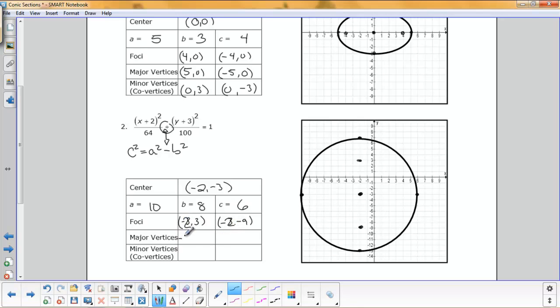And that is going to be negative 2, 7, and negative 2, negative 13. You will see the consistency here. These are both the same value as the x value of the center, and likewise you will see that with the minor co-vertices as well. So that's going to be negative 10, negative 3, and 6, negative 3.